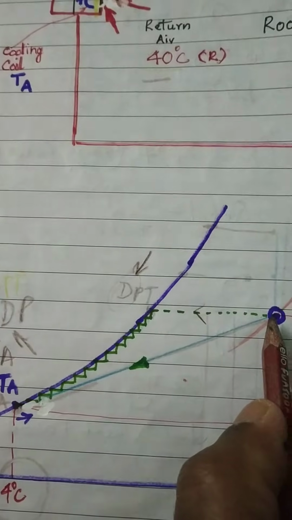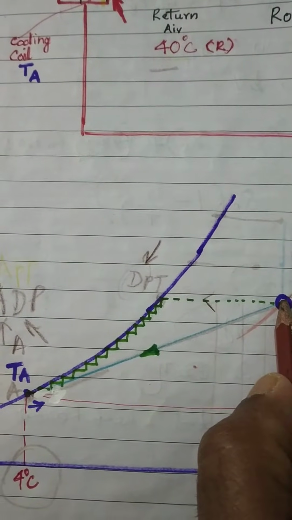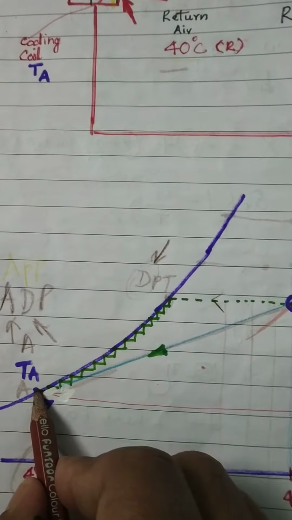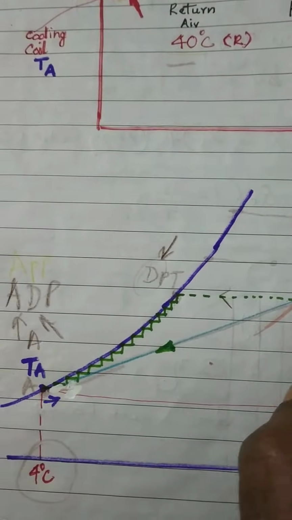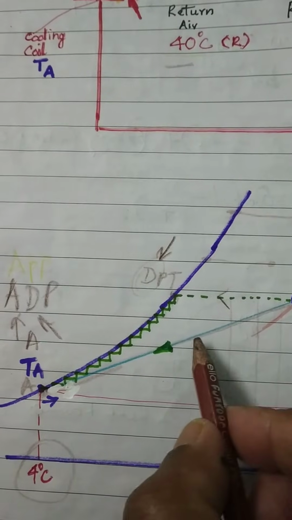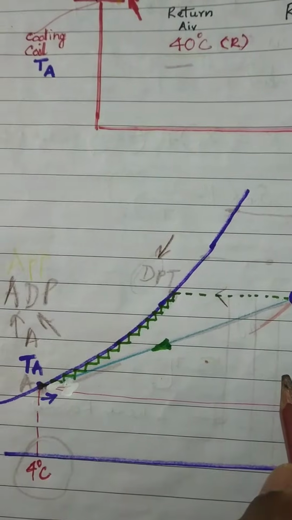This effectiveness, which is not possible, of conversion of 40 degrees centigrade to 4 degrees centigrade can be shown on this particular line, which is cooling and dehumidification, where the temperature is falling down and humidity is falling down.